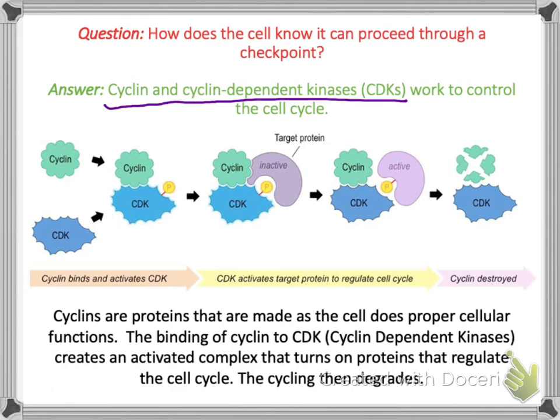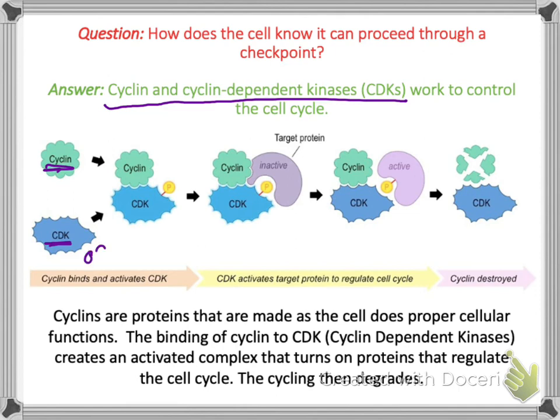Cyclin-dependent kinases are a series of enzymes that add phosphate groups to proteins. CDKs are inactive, basically in the off form. Only when cyclin binds, which you can see here, does it turn on.